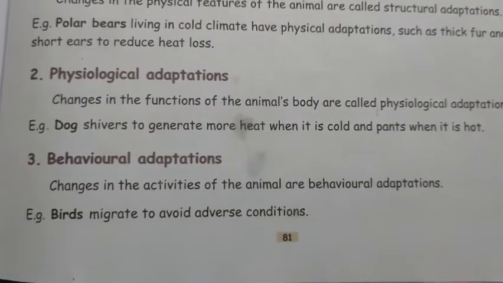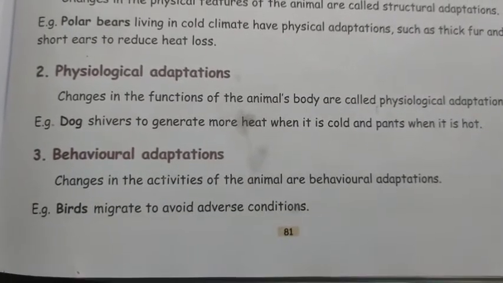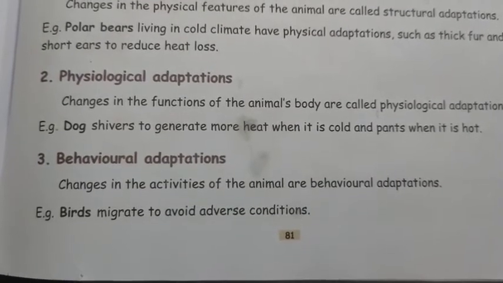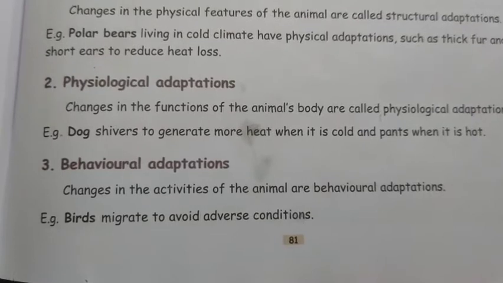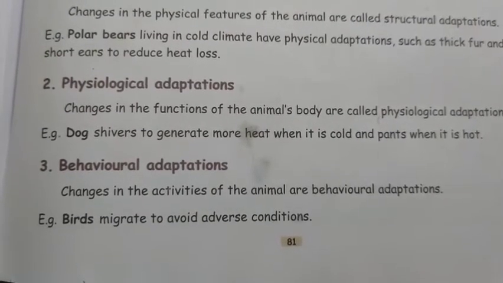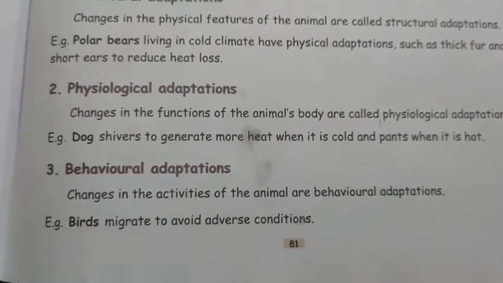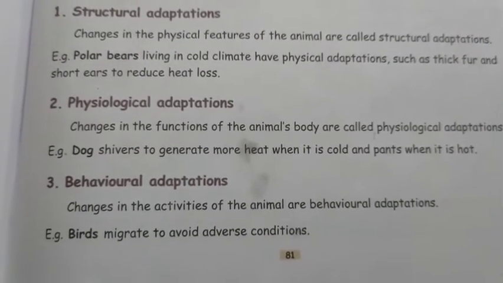Next is behavioral adaptations. Changes in the activities of the animals are behavioral adaptations. For example, birds migrate to avoid adverse conditions. What is migrate? Moving from one place to another place.